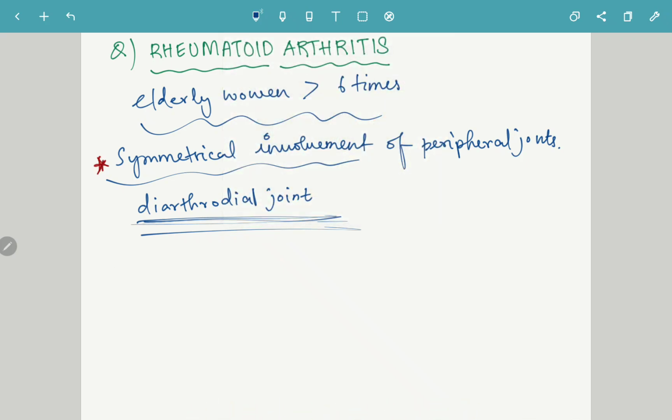Now the commonly involved joints, especially according to the 1987 criteria, are going to be the wrist joint, metacarpophalangeal joint, proximal interphalangeal joint, the elbow, the knee, the ankle, as well as the metatarsophalangeal joint.